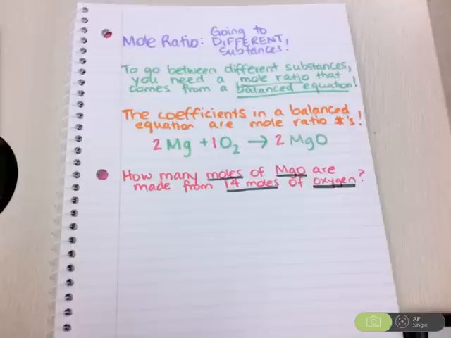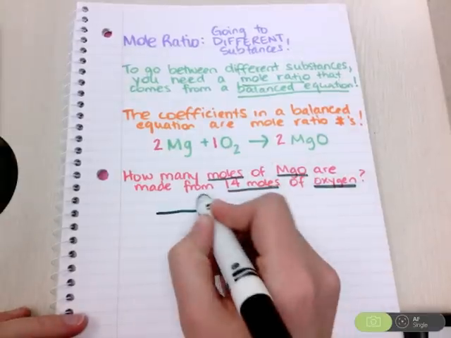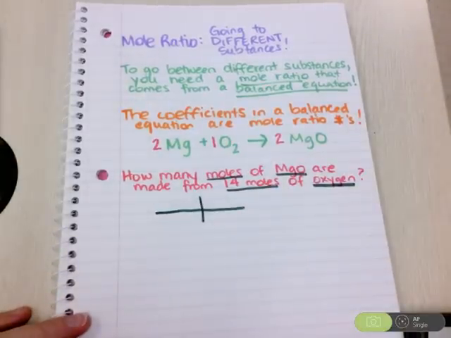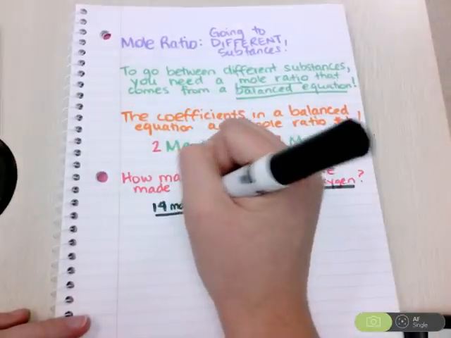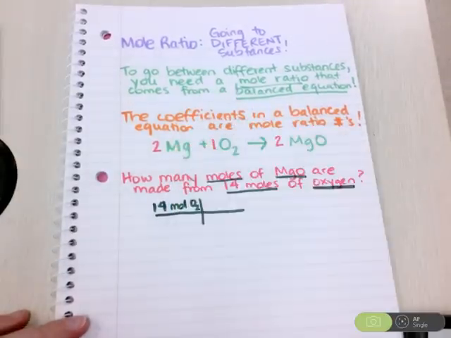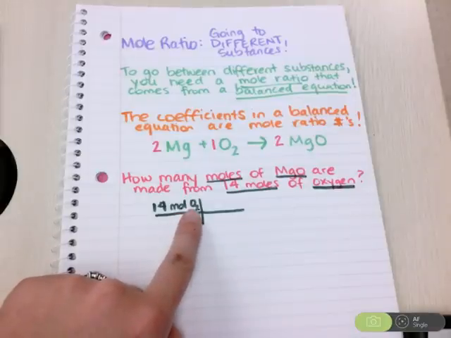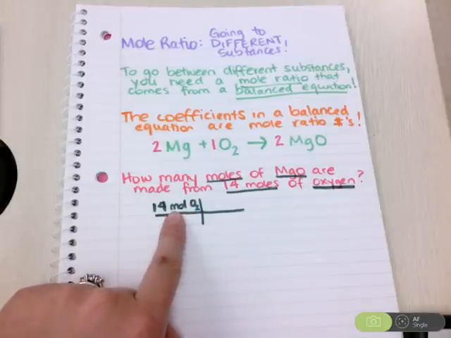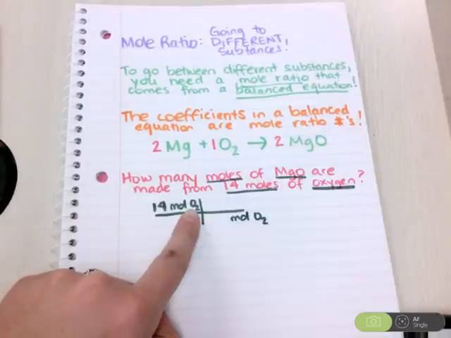But what we do is no different than what we did before. I start with a T-chart. The given goes in the first box, 14 moles of O2. Now my unit needs a substance, because to cancel out moles of O2 come on the bottom.